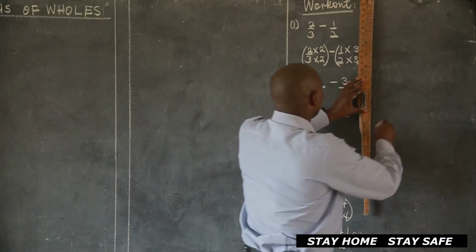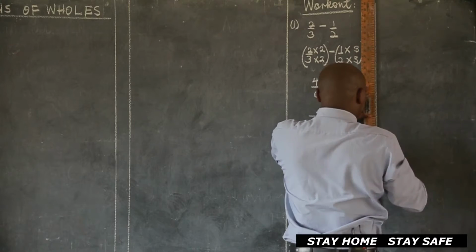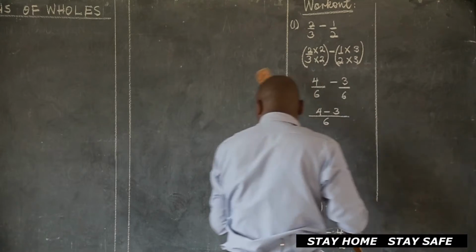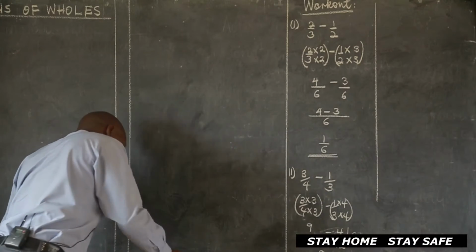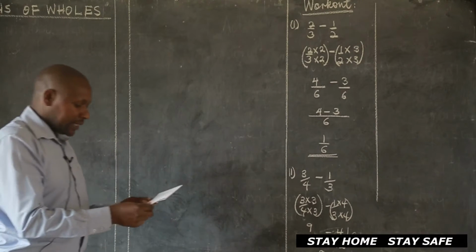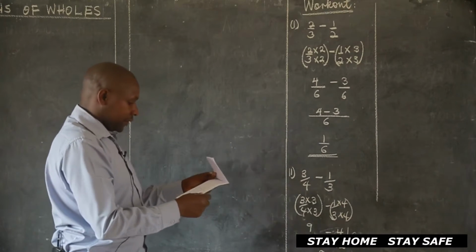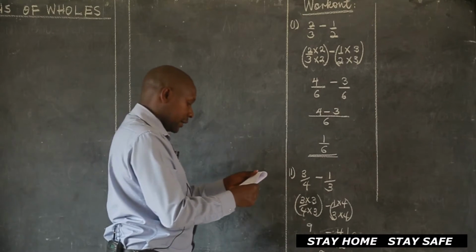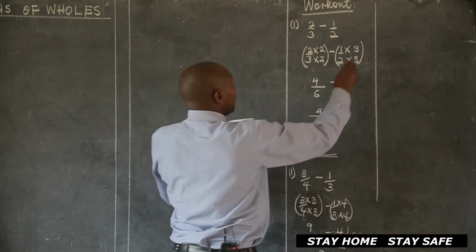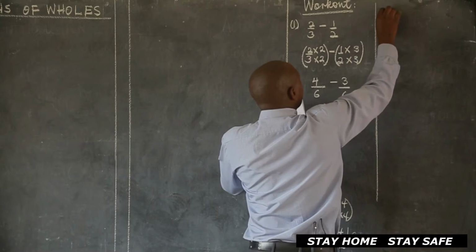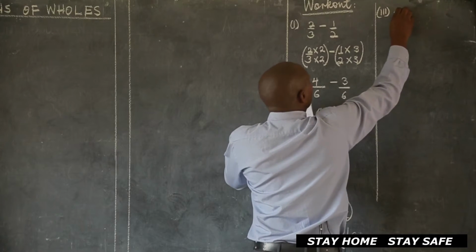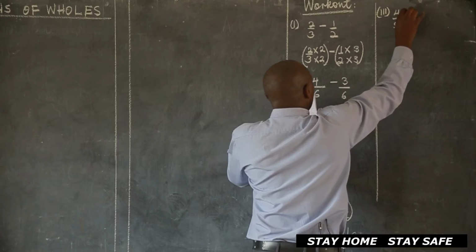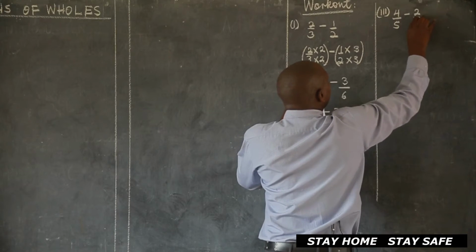If we are to look at the last on this activity, let's just pick one more from this activity that I left you with. This is none other than Roman 3. We had 4/5, take away 2/3.